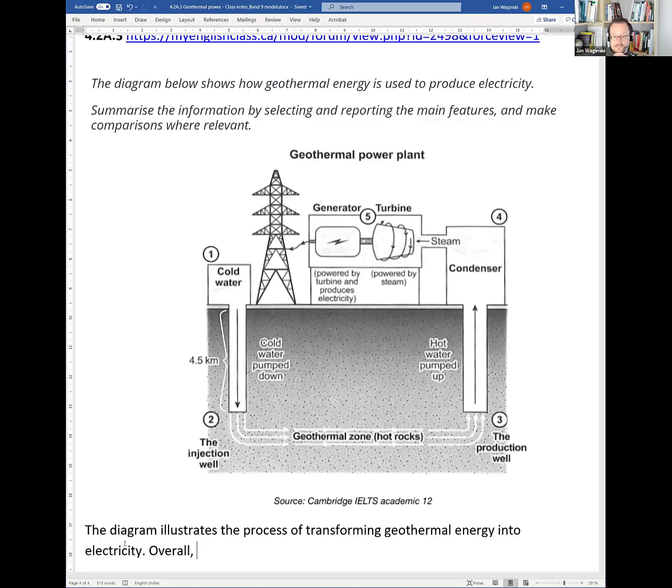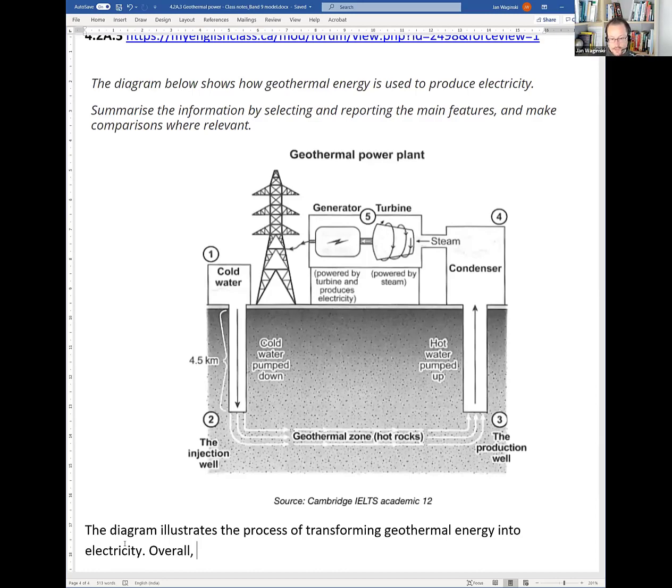It's actually really simple, right? How deep is this well? 4.55 kilometers. So it's a really deep well. So if you dig down that deep, it's going to be really hot down there. So that's how simple this process is.